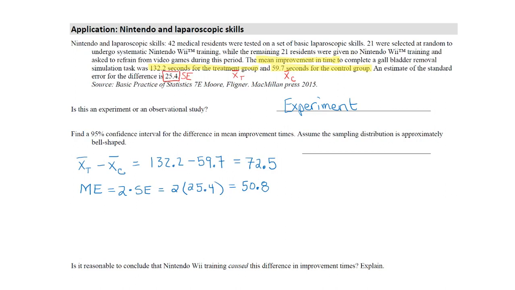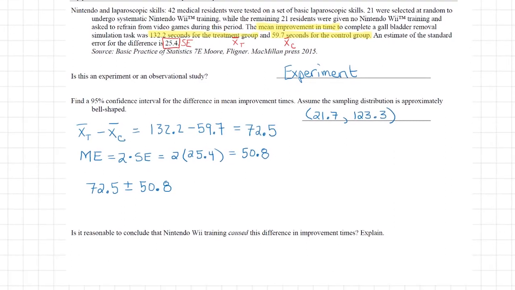So my interval is 72.5 plus or minus 50.8, which gives us an interval from 21.7 to 123.3. This tells us that we believe the video game playing is responsible for between 21.7 seconds and 123.3 seconds of improvement on this particular task.